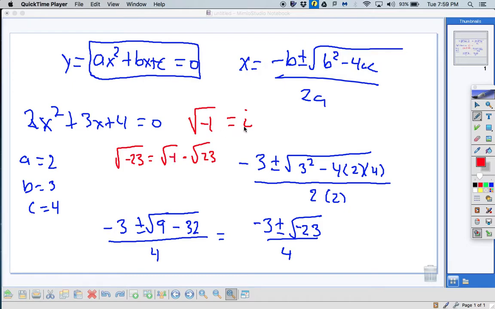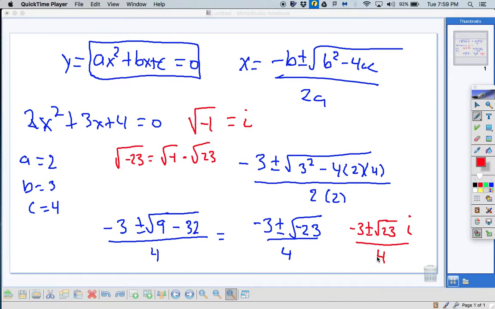And this square root of negative 1, we now know is simply i. So we're going to rewrite the equation as negative 3 plus or minus the square root of 23 with the i outside the square root symbol. Okay, and this is actually the answer that we're going to stay with.